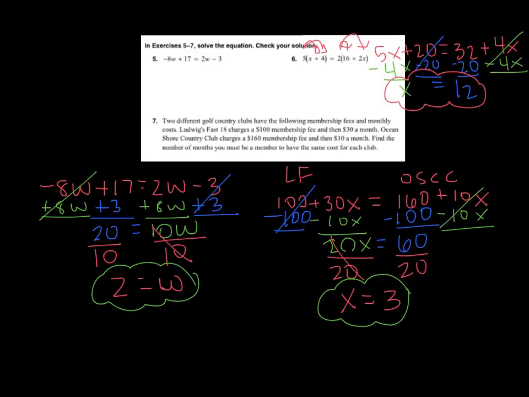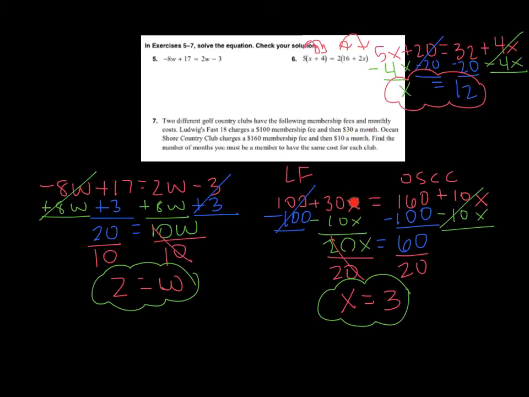Okay, so let's talk about how to set this problem up. The first thing that you notice is they're giving me 2 different golf country clubs. So I called the left side my Ludwig's Fast 18, and my right side I labeled as the Ocean Shore Country Club. When you look at Ludwig's, it says that it's a $100 membership fee, so that's a one-time fee. That's why I have 100, plus $30 per month.